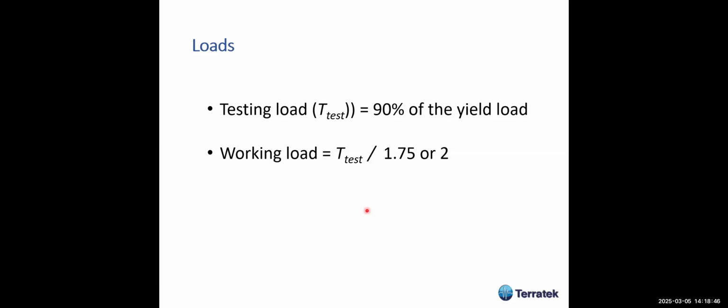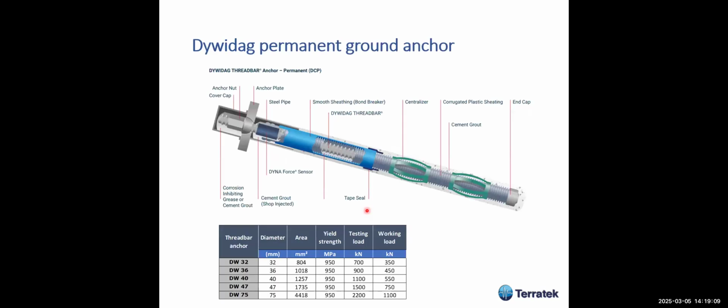Loads. Usually you consider a testing load of 90% of the yield load of the steel. So usually for round anchors, we test all of them to this value, and then we reduce the load by dividing this test load by 1.75 or 2; it varies according to standards. And here, recently developed by Dywidag, permanent ground anchors.